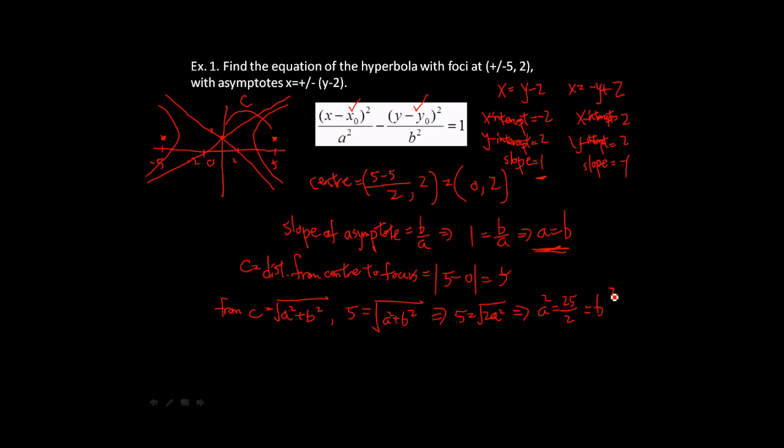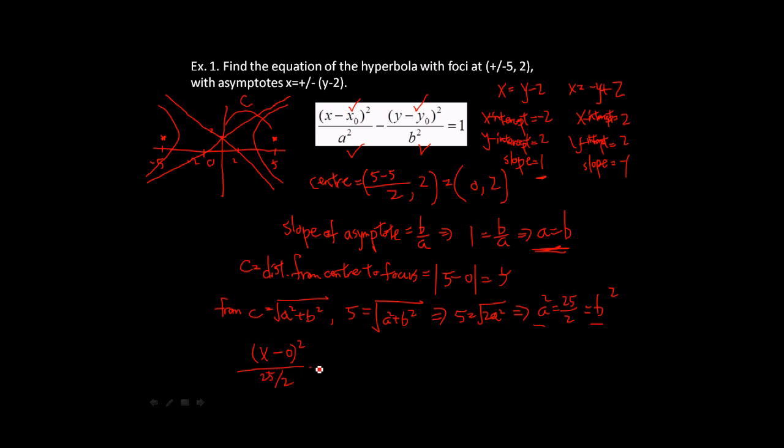Now, so here we know a, we know b, we know x naught, we know y naught. So we have the equation of this hyperbola, which is x minus the x coordinate of the center, which is 0, squared over a squared, a squared is 25 over 2, right?